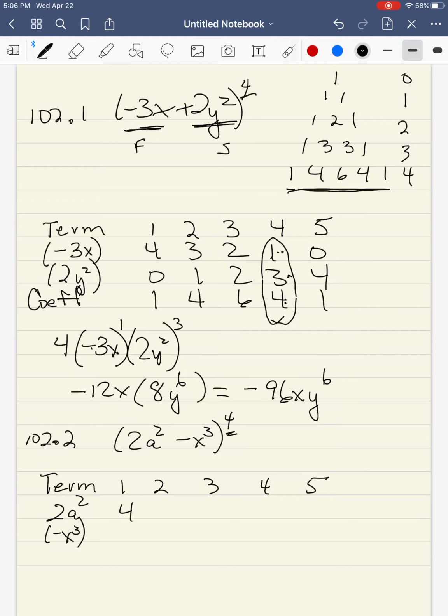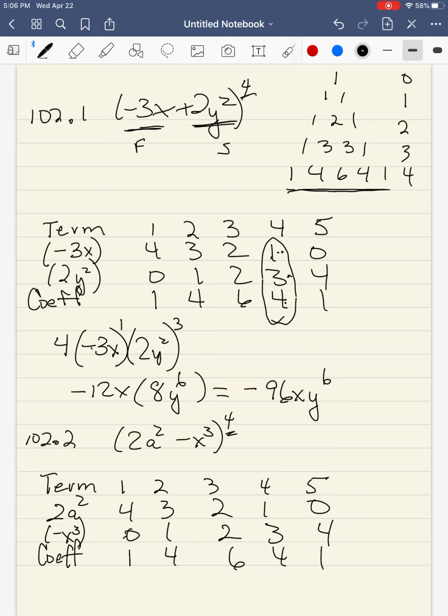Because it's to the 4th power, this starts out with 4, 3, 2, 1, 0, and 0, 1, 2, 3, 4. The coefficient is 1, 4, 6, 4, 1. So 5 terms.